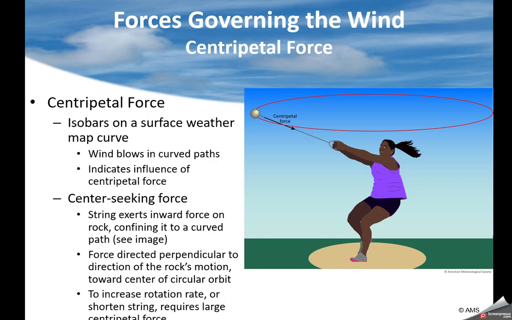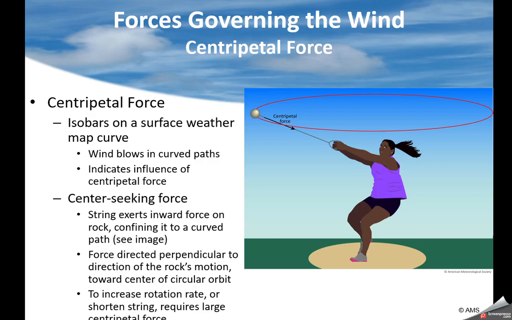The next force, centripetal. You'll notice that isobars curve on a weather map around low pressure, around high pressure. They curve up in the upper atmosphere as well. And let's just think about this simpler even.